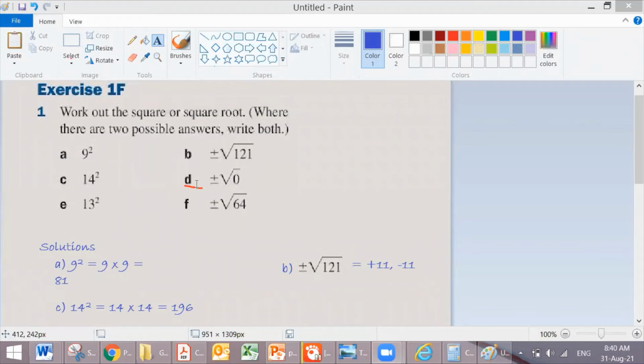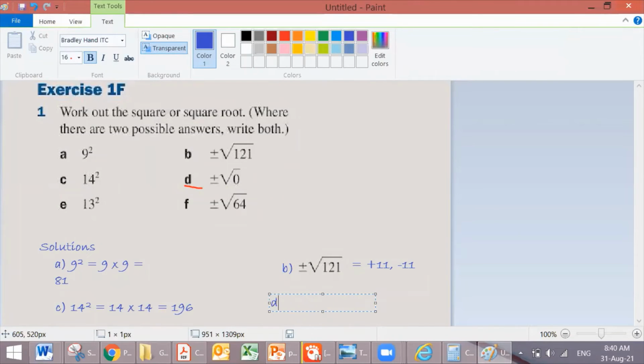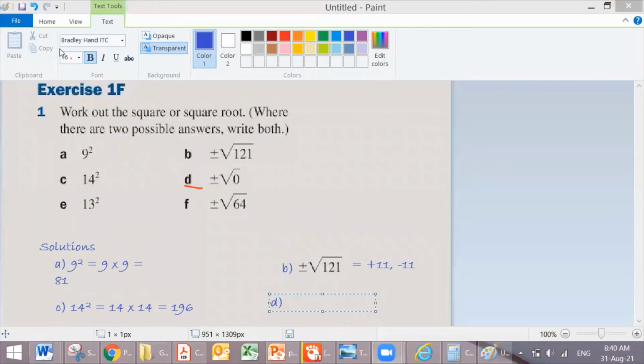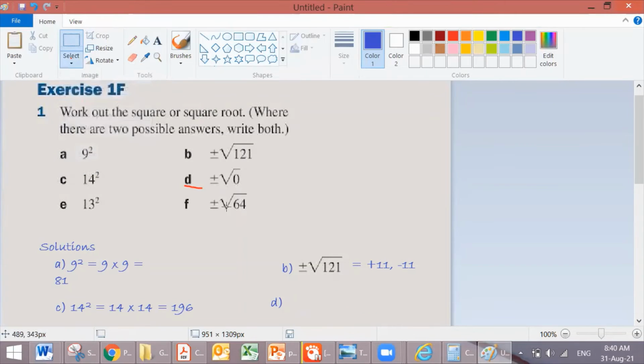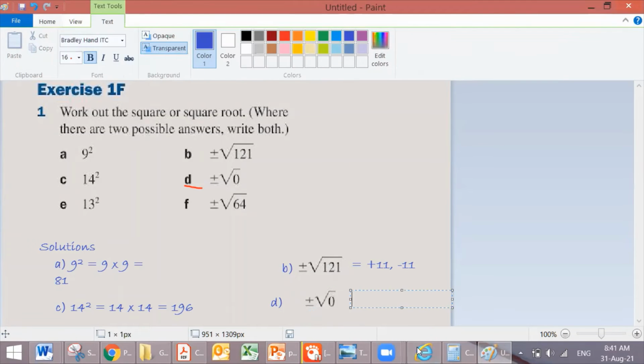Part B, part D. So this one is plus minus 0, and here I will paste it again, plus minus 0. So here, can you answer it, any boy?